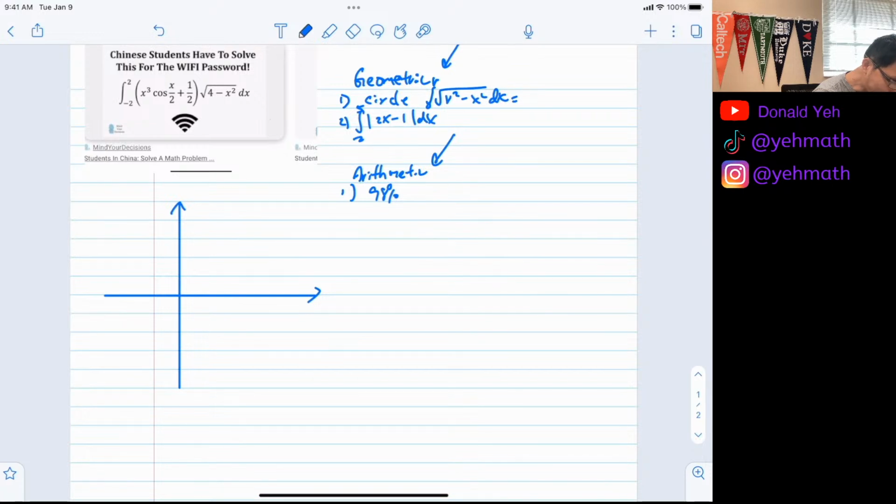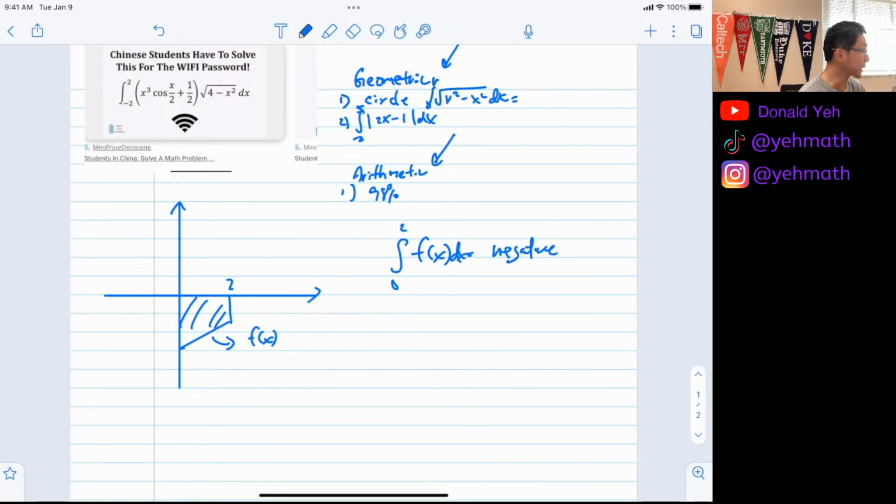Now, if I have something like this, below the x-axis, let's say between 0 to 2 of this function f of x, then the integral between 0 to 2 of f of x is negative, because it's below the x-axis. Does that make sense now? That's what a graph looks like if you have a negative value.